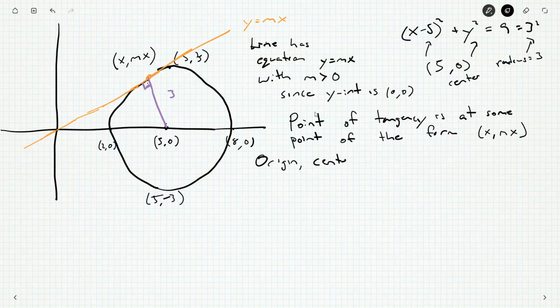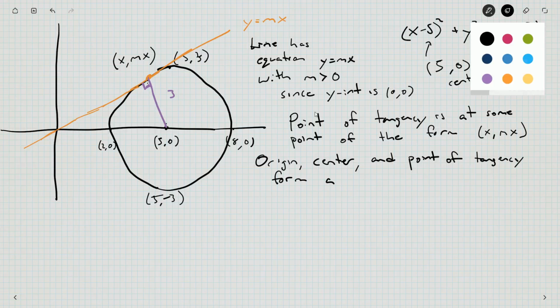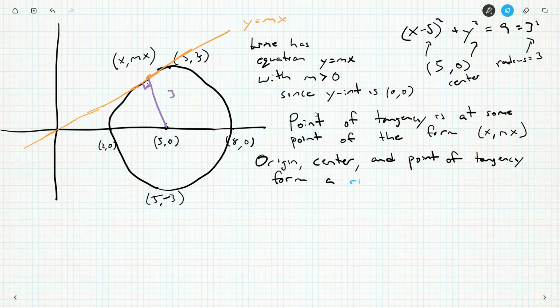So the origin, the center, and point of tangency form a right triangle. This right triangle right here.